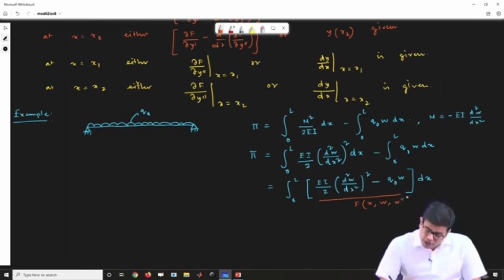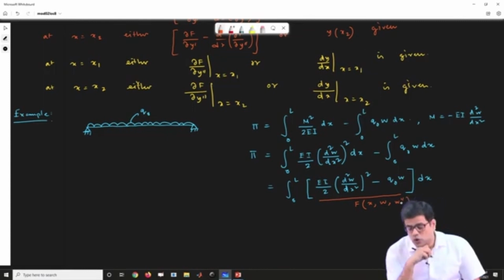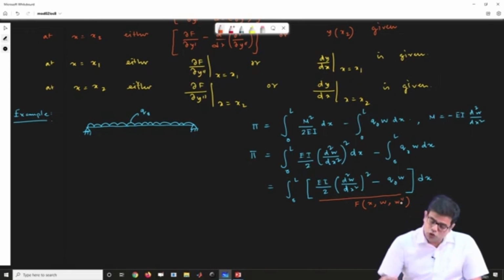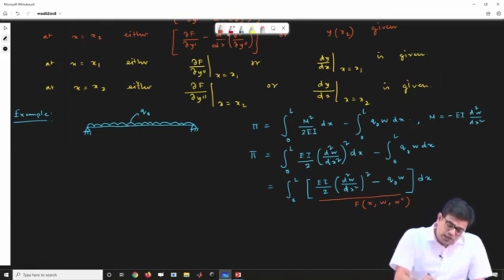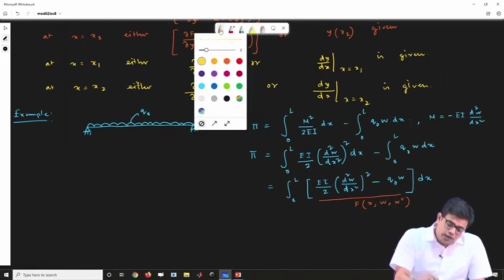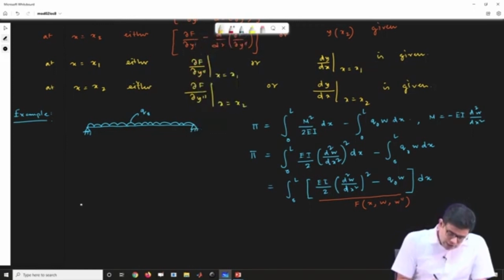Interestingly, it is not a function of the first derivative W prime, which is the slope. So we all know slope is dW/dx.